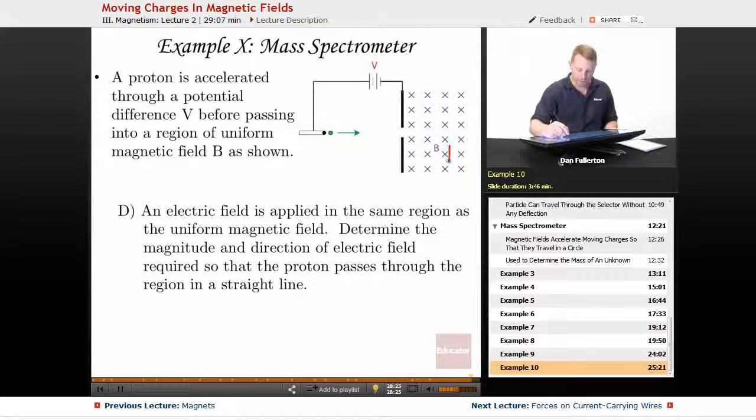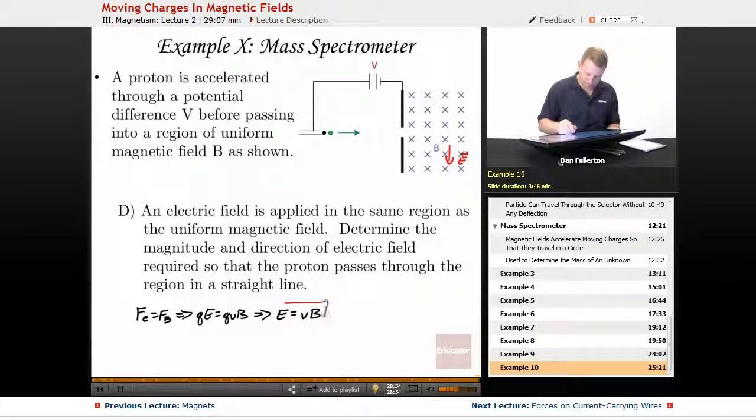That means that our electric force is going to have to be down. Therefore, our electric field is going to have to point down because it's a positive particle. And in the velocity selector, we have the electric force equal to the magnetic force, which implies that qE equals qvB, which implies that the electric field strength has to be equal to v times B.